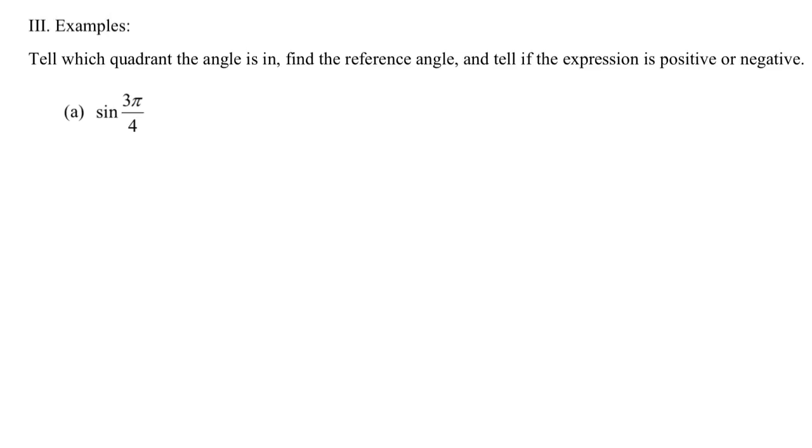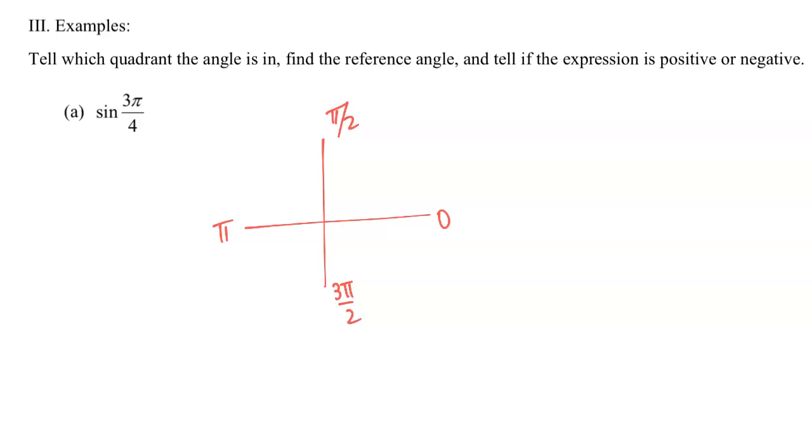And so looking at this angle 3 pi over 4, well, what do I know about my coordinate plane? I know that this is 0 radians, the top of the circle is pi over 2, the left side is pi, and the bottom is 3 pi over 2. And so where does 3/4 fall in here?